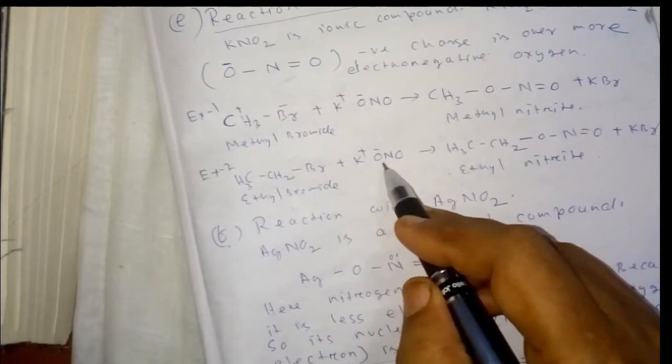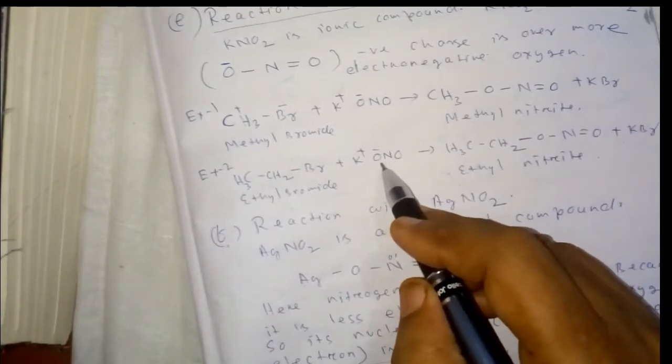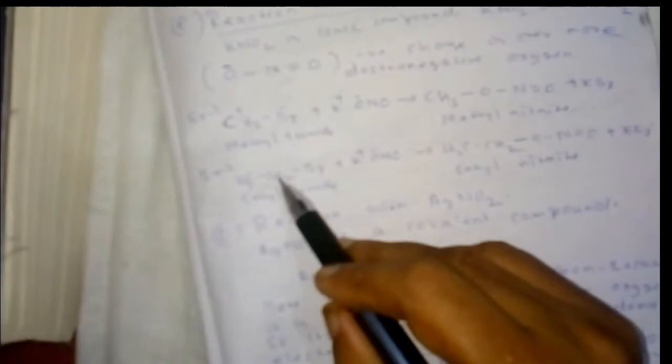I have split the NO2 like this so you can understand it better, and it will be easier for you to write it. So O− will attack the carbon. CH3CH2–O–N=O means ethyl nitrite, plus KBr.